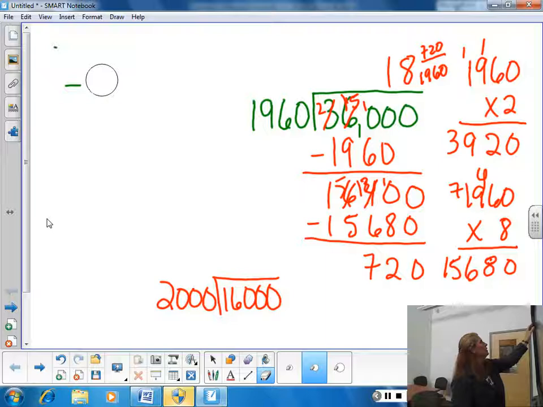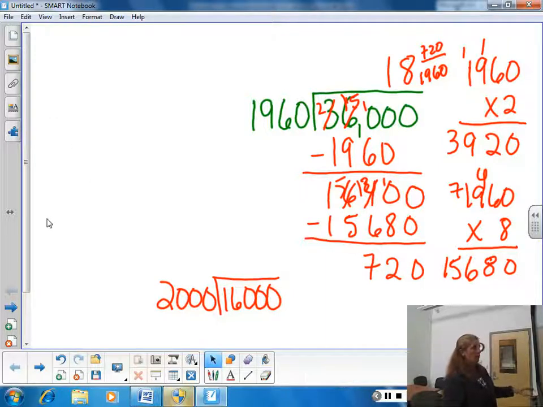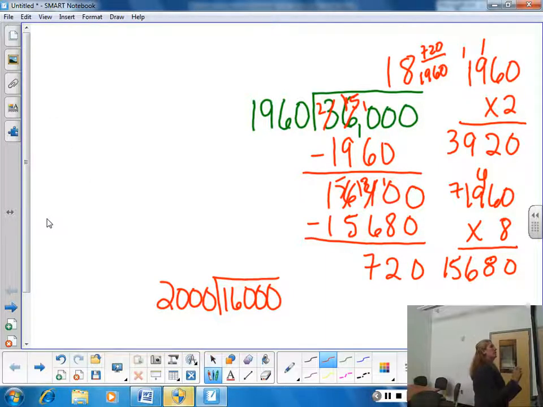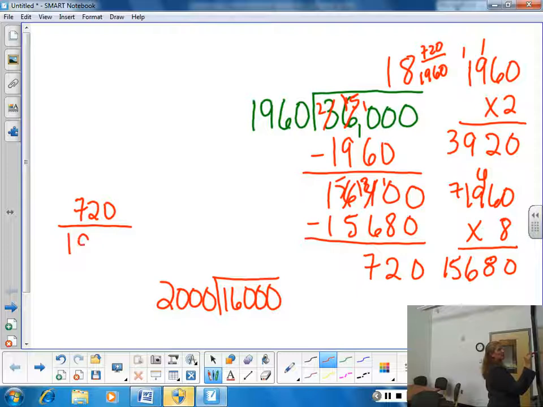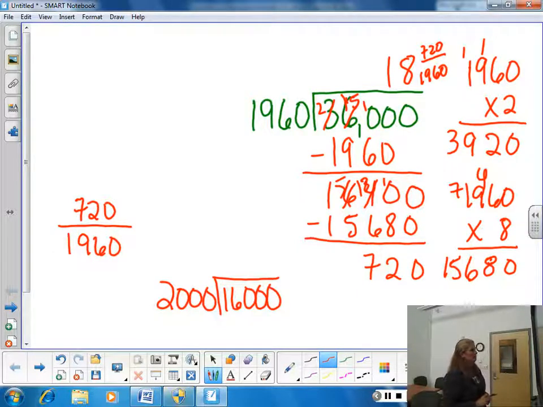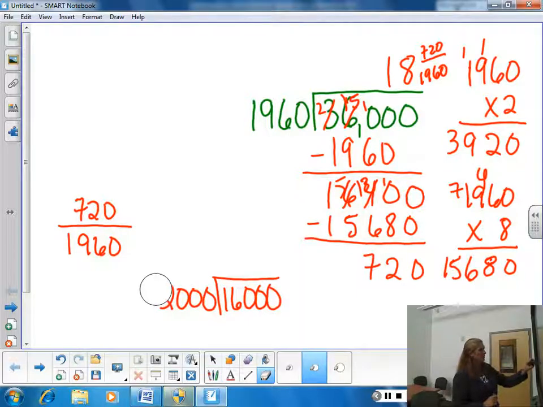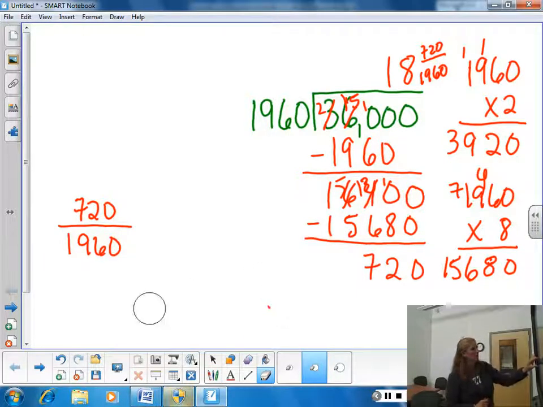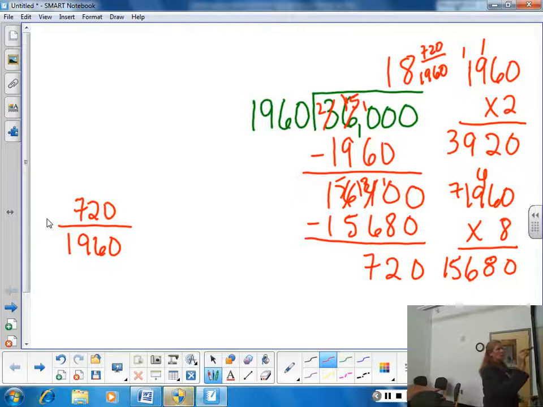And so what you want to do is look at your 720 out of 1960 and ask yourself, is that more than or less than half of 1960? And you could divide 1960 in half to see what that would be. Or you might just have a sense of it.